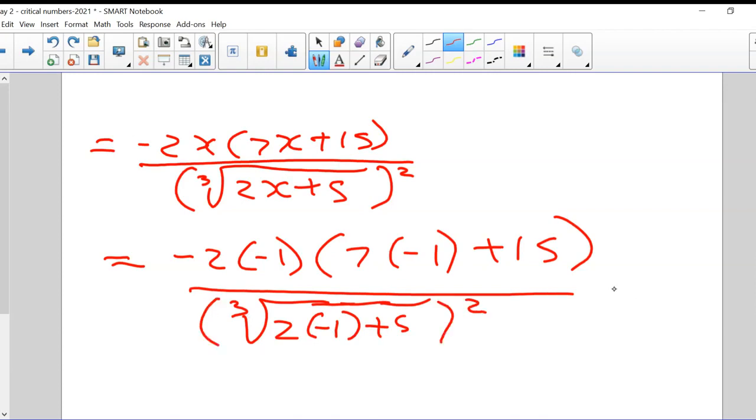Well, we know the bottom is going to be positive for sure, right? Because it's squared. So we're not going to spend a lot of time on that. So we know it's going to be positive.